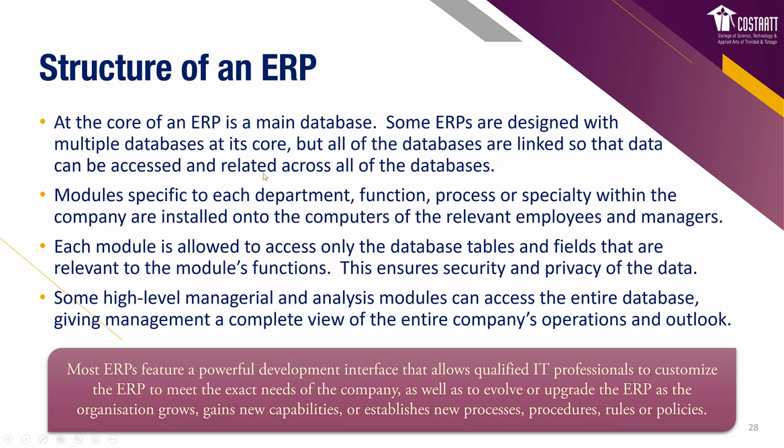The term related across should be familiar to you after covering chapter 5, because that's what databases do. They allow you to create relationships between one set of data and another set of data, the data in one database with the data in another database.